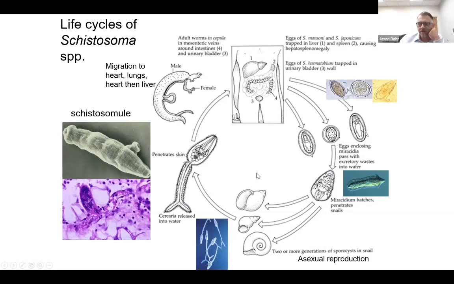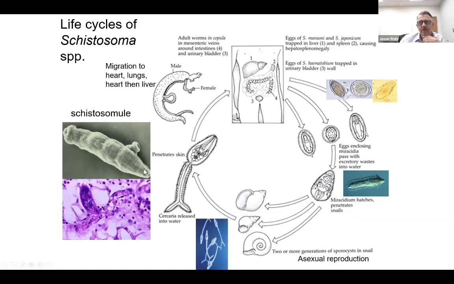They reproduce asexually in the snail, and they release a second free-living stage called a cercaria. And the cercaria has a forked tail, and that's how it moves through the water body. It's swimming through the water body and is attracted to chemicals released by human skin.